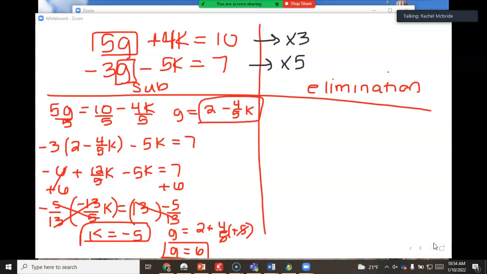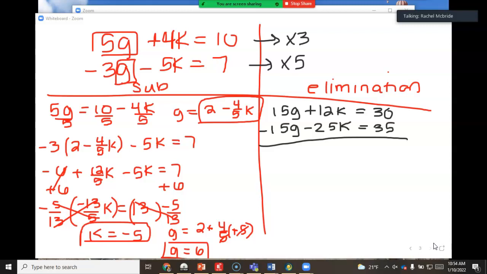So 3 times 5 gives 15g, 3 times 4 gives 12k, and 3 times 10 gives 30. 5 times -3 gives -15g, 5 times 5 gives -25k, and 5 times 7 is 35. This eliminates my g's. 12 minus 25 gives -13k, and 30 plus 35 gives 65.